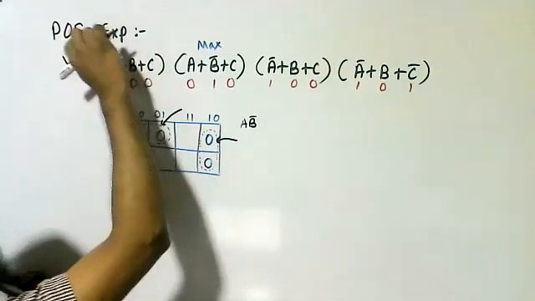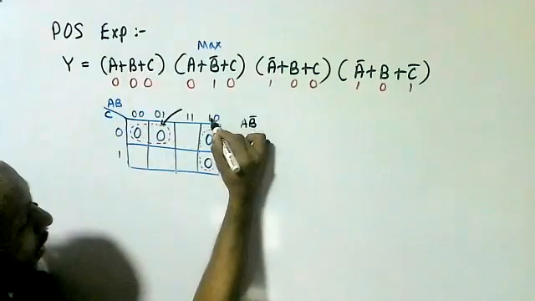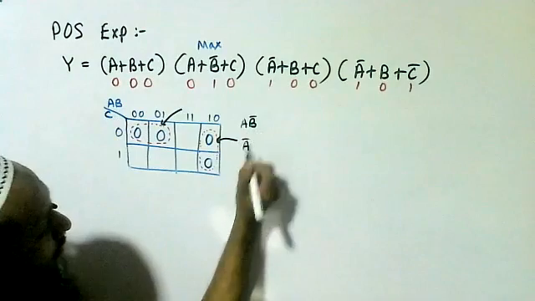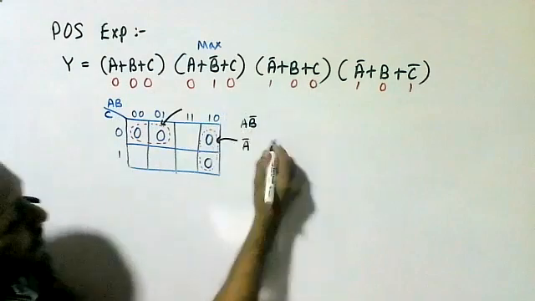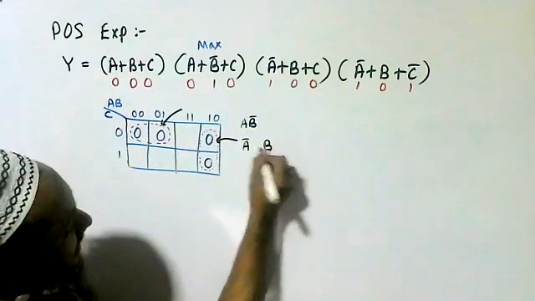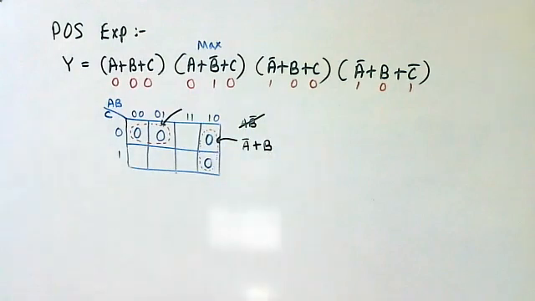But in a POS expression, if A is 1, we have to take the complement of A, reverse. And if B is 0, we have to take the direct variable, and plus here. So A bar plus B. Is it clear? I want to explain it again.